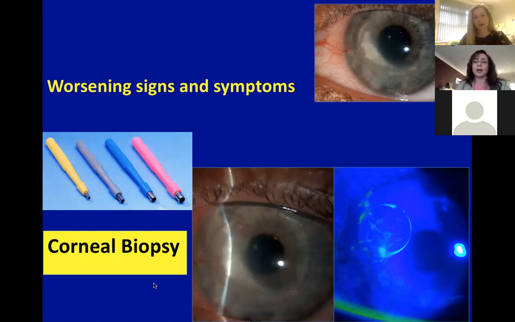So we had a superficial keratectomy with the biopsy punch, and then took the biopsy from the deep surface underneath, and it turned out to have an infectious crystalline keratopathy, and that patient had to go on and have a penetrating graft to get rid of the infection. So it's important, if you've got worsening symptoms and signs, to stop every treatment for 24 to 48 hours and do a biopsy.